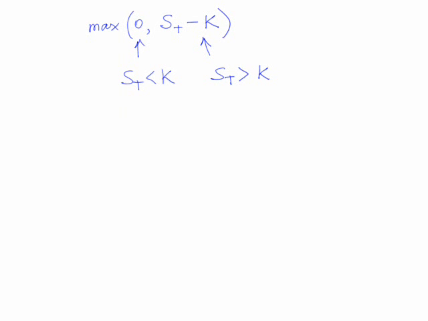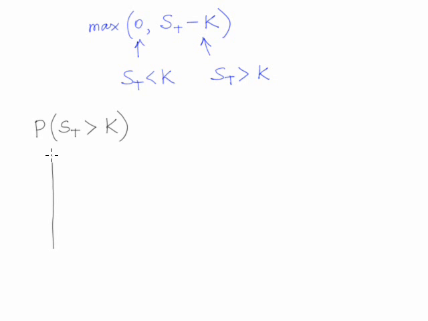So let us now calculate the probability that S_T is larger than K. So we would like to calculate the probability that our call option expires in the money. And how would we calculate this probability?